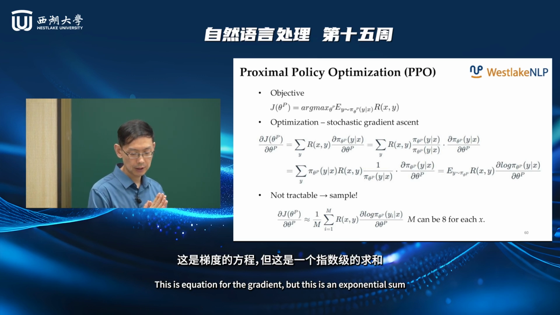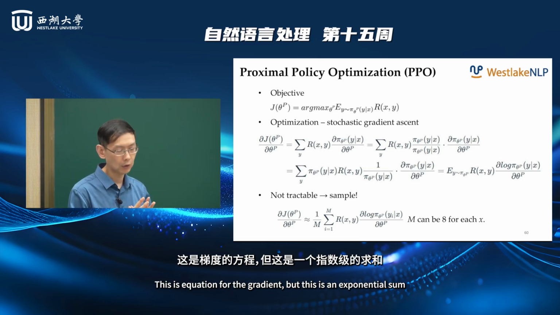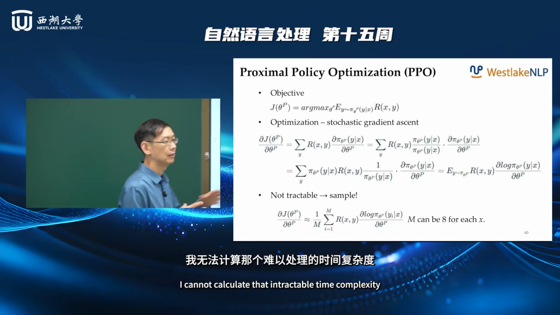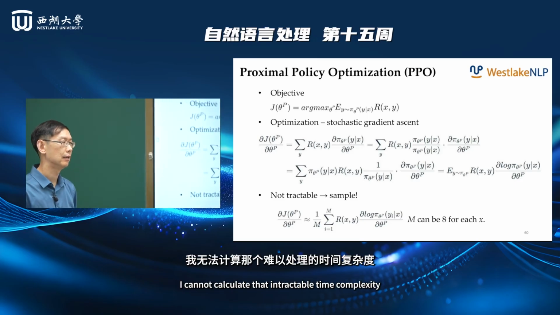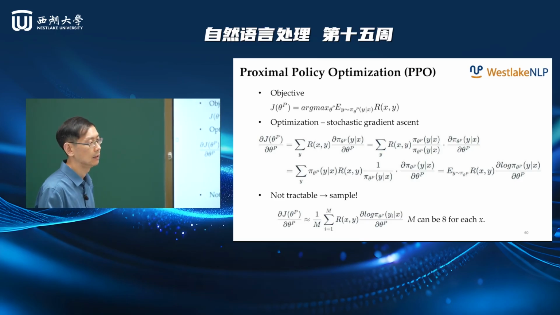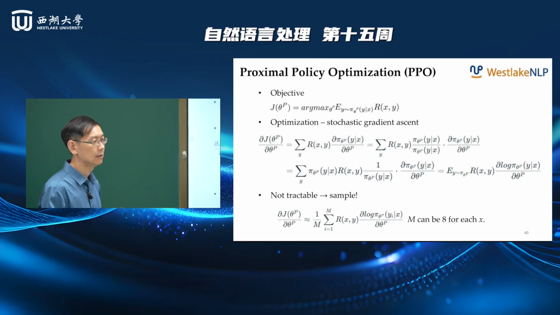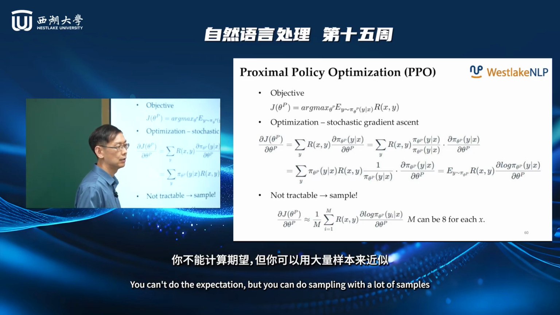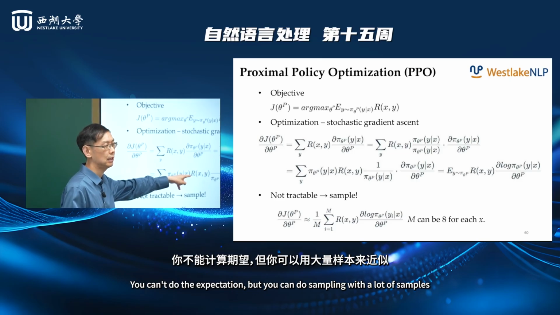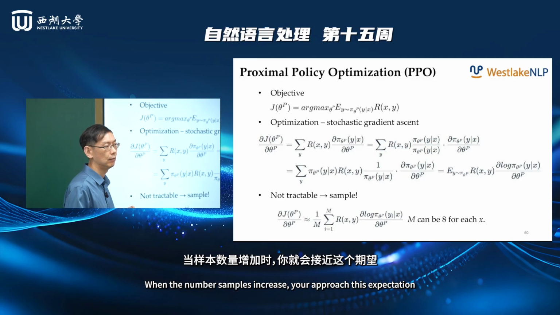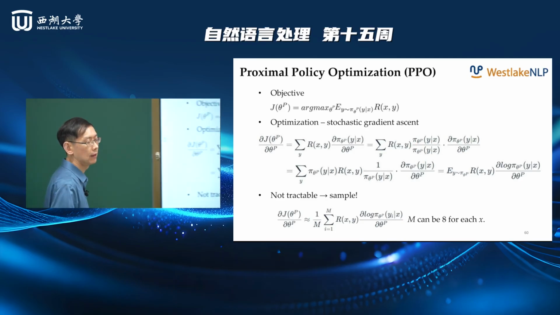So this is the equation for the gradient, but this is an exponential sum. I cannot calculate that in tractable time complexity. So how do we do that? People typically do the approximation. You can't do the expectation, but you can do sampling. With a lot of samples, when the number of samples increases, you approach this expectation.